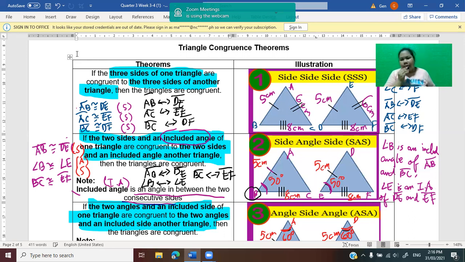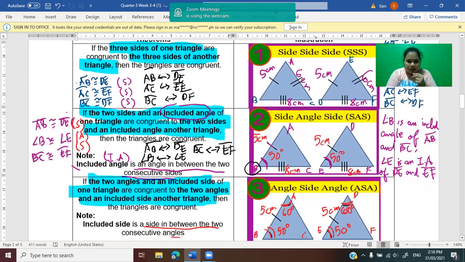Okay, if you remember, last time in week 3, we have two conditions para masabi na congruent ang triangles. Every pair of corresponding sides are congruent and every pair of corresponding angles are congruent. So, pasok siya sa congruency. Right? Next, let's have the third one.